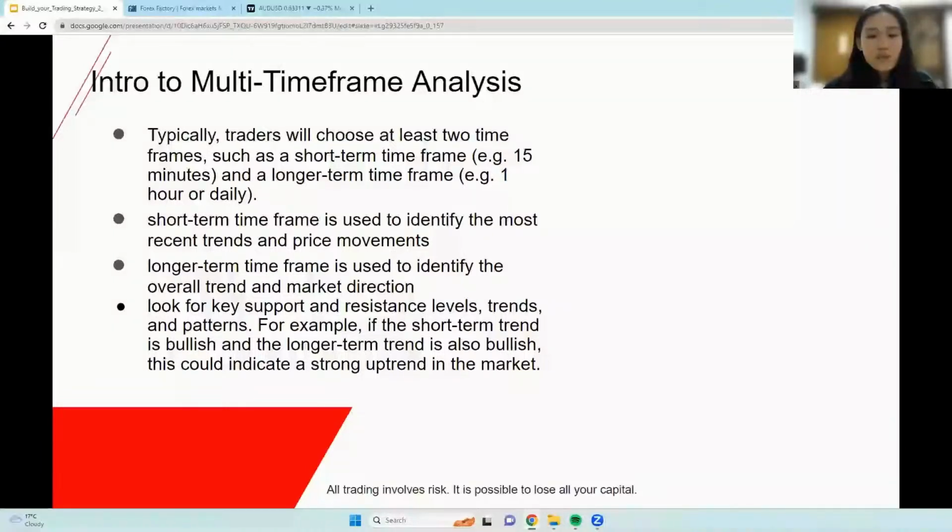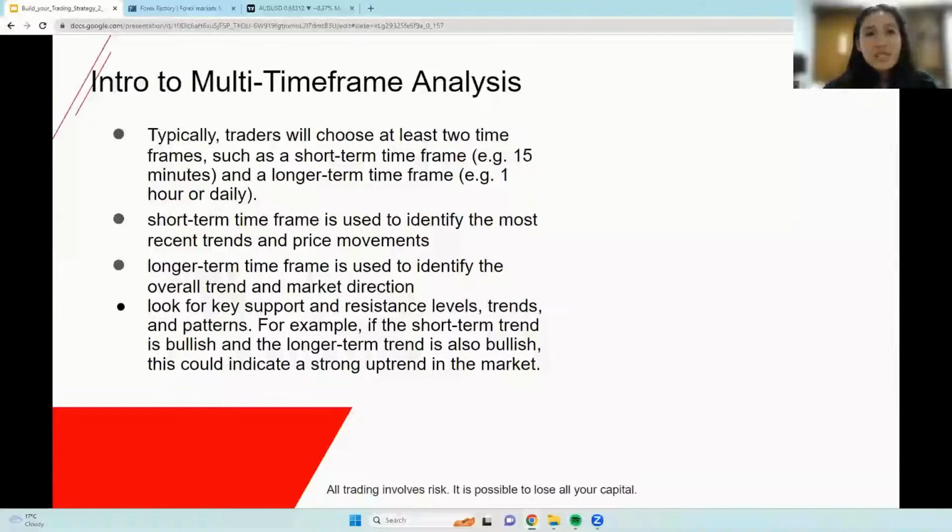So on the other hand, of course, if your short-term trend is bearish, and the longer-term trend is also bearish, you can probably expect it to be a strong downtrend in the market.